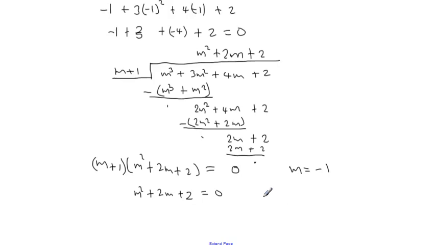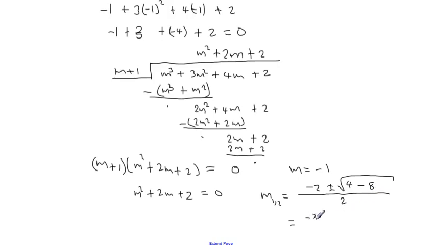this is not factorizable. Then we get here m1, 2, which is equal to minus 2 plus minus square root of 2 squared, which is 4, minus 4ac, which gives us minus 8, all over 2. And when we note here that we get minus square root of minus 4, which is 2i, plus minus 2i.